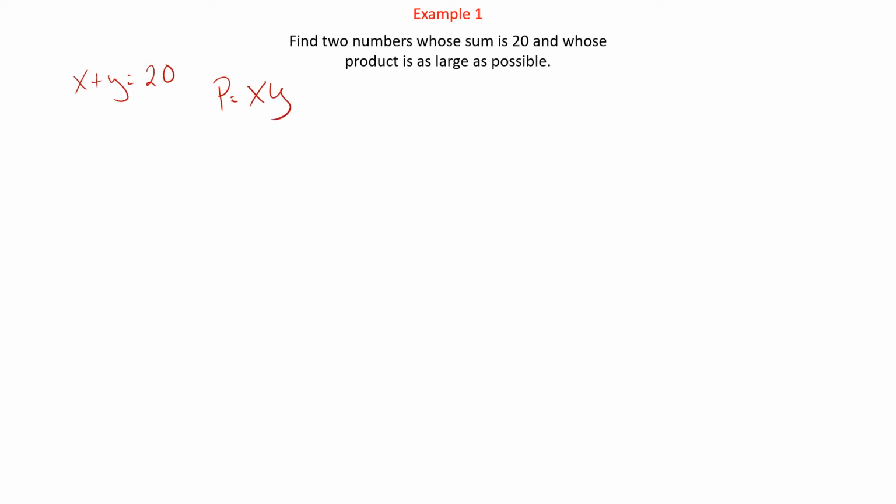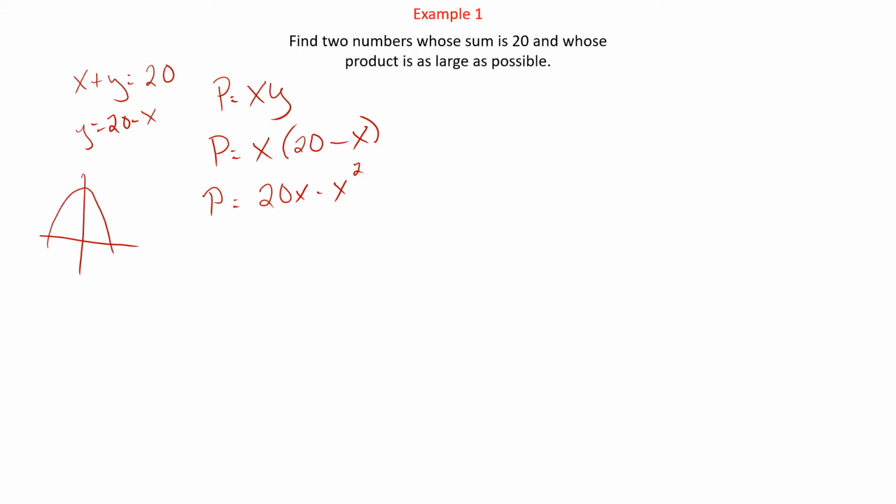Well, here we can get y equals 20 minus x, and so we can substitute that in. So the product will be x times 20 minus x. We could multiply this out. 20x minus x squared. Now, if we were graphing this, that would just be a parabola.